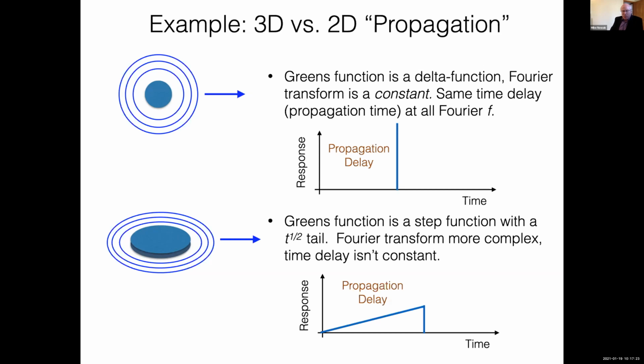It's a bit of a warning, because in the literature these days you'll see a lot of references to reverberation mapping. I think that's a little too simplistic in a lot of cases. If you're looking at input and response which are almost on top of each other, they undoubtedly have these effects in them, like 2D wave propagation.